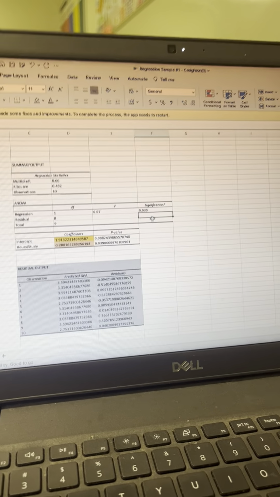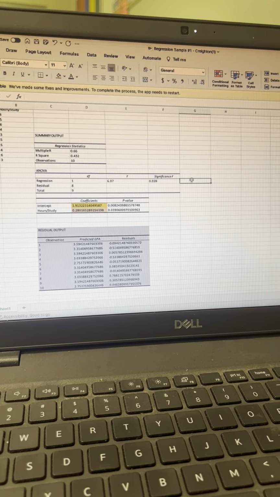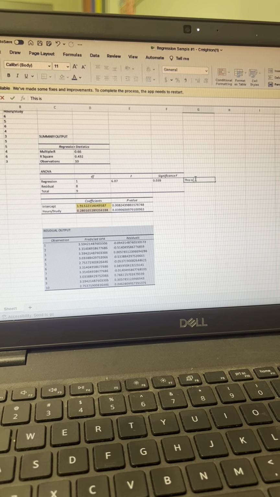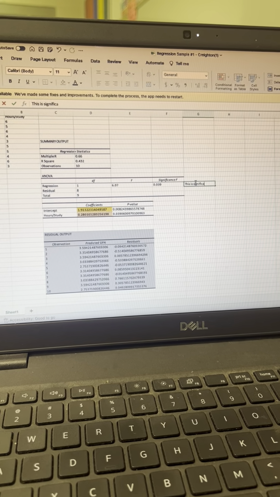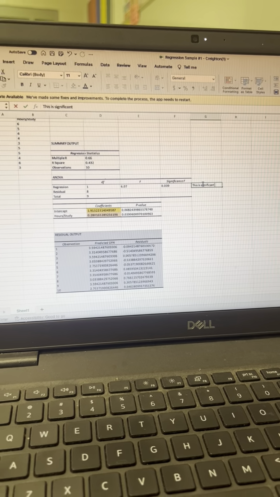So this would not be significant. Oh, it is. It is significant. So 0.05 and under is significant. So I can look in here and I can write and just tell immediately this is significant. Because why?